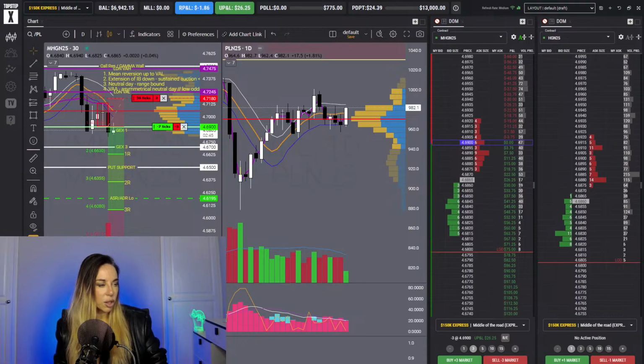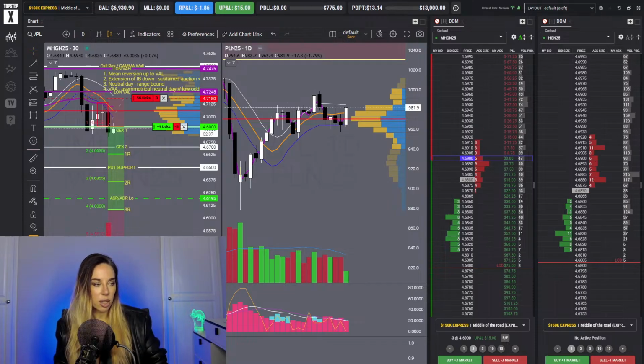No major GEX levels here. Your 960, J Sim, that was a GEX one. That was a very strong level. But I would actually really like to sell platinum, but I would like to do so between sort of 990 and 1,000. Not particularly interested here.